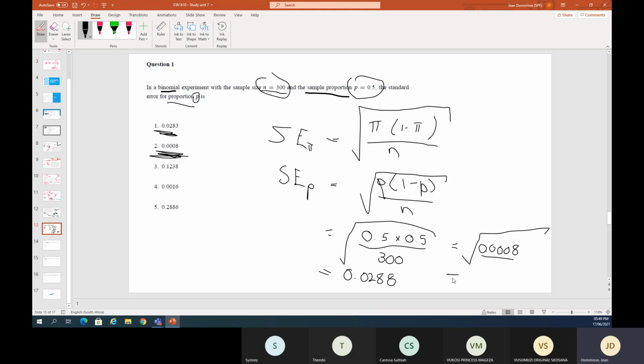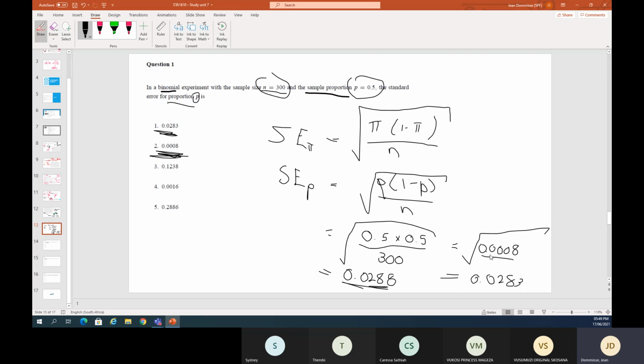So this will not happen in the exam, because you want to get that answer, how you worked it out, and the square root of that.